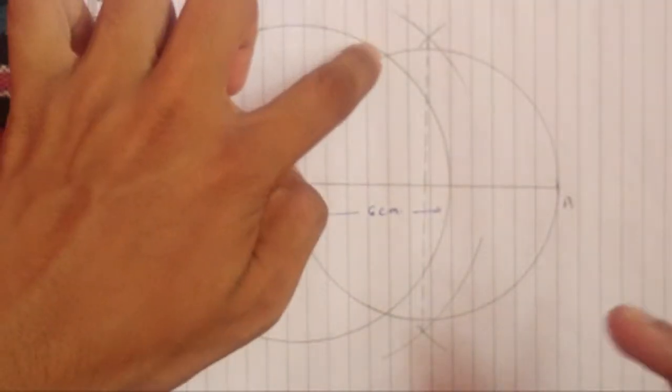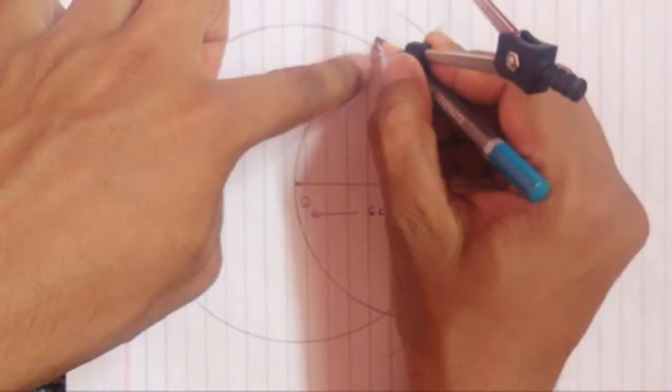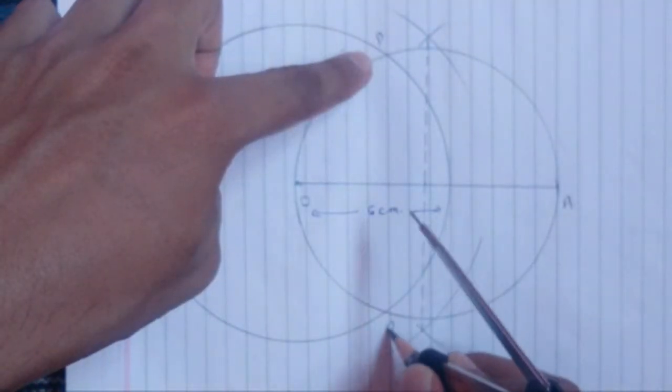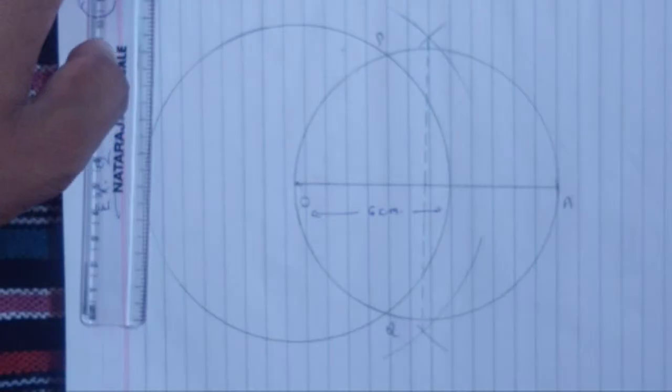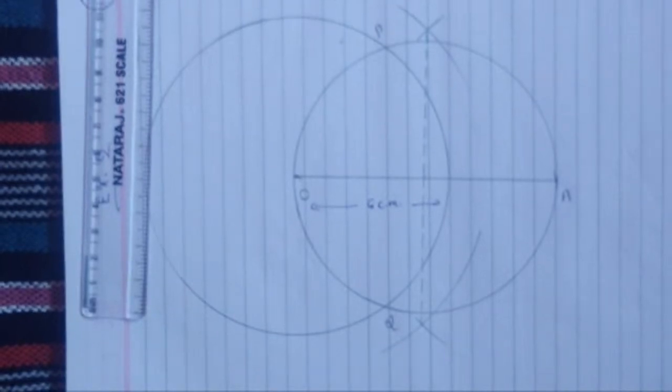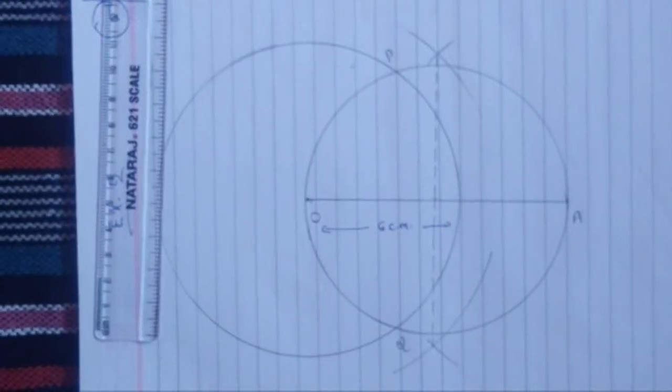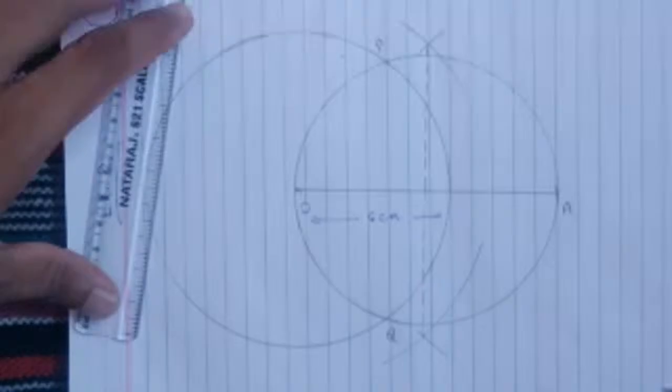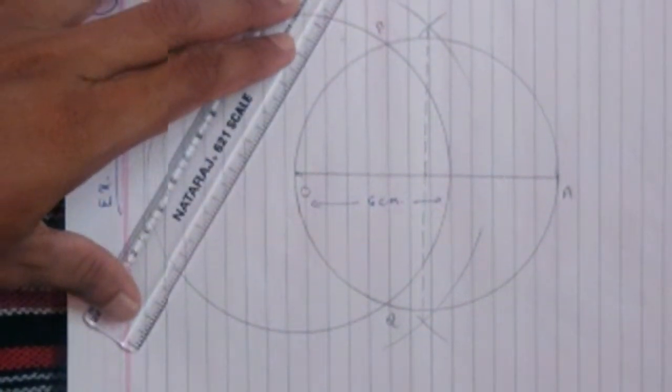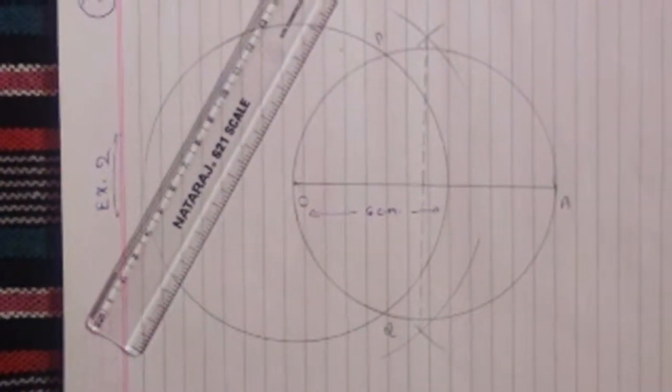So this is the point. For example, I will call this point P and point Q. So we have to join points P and Q now.